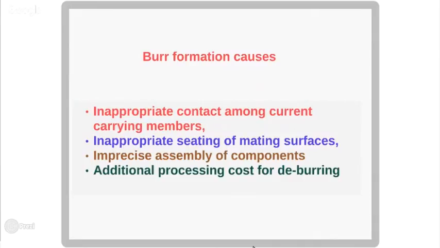The burr formation causes inappropriate contact angle among load carrying members, inappropriate seating of mating surfaces, imprecise assembly of components, and additional processing cost for deburring. These are some of the deficiencies related to the burr formation on the material in the conventional drilling of materials or composites.